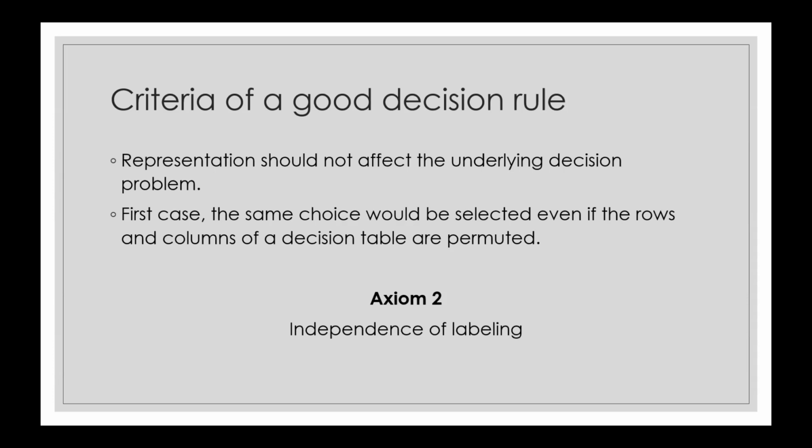So we can assign A1 or we can assign C1, or even we can assign A1 to A2, as long as that action actually refers to those outcomes given the state of nature, then it should be selected. So it means that the preference does not depend on how we label the action. This is in other words, right?